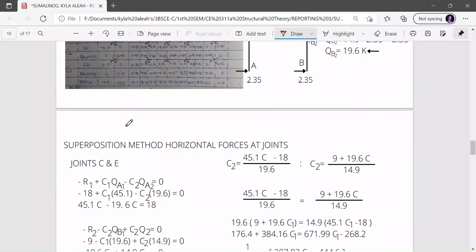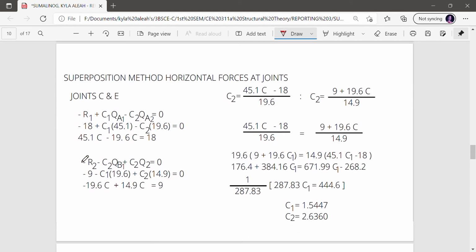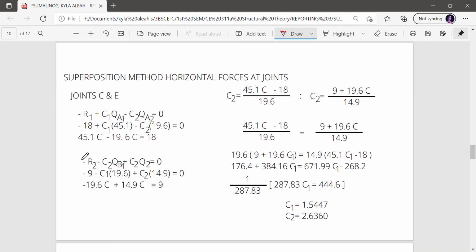Now let us proceed to the superposition method on horizontal forces at joints. In this portion, we are going to get the joints C and E. So R1 is the lateral force, 18K. Let us get the joint CE. R1, the lateral force, plus C1 QA1 minus C2 QA2 equals 0.